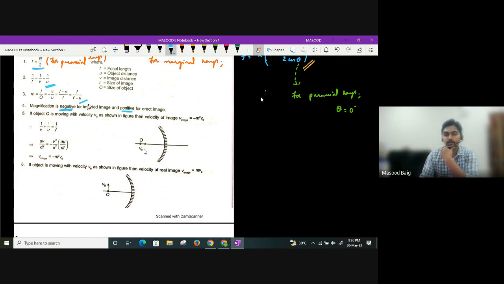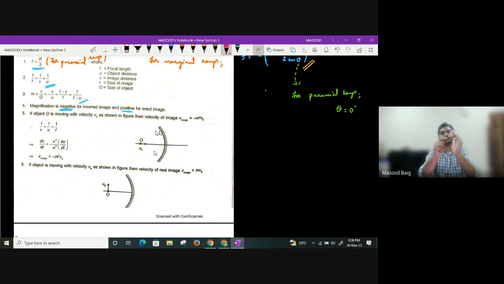And very important thing, this is very, very important. These 2 points are very, very important, guys. If you take an object and you are considering a spherical mirror, whether it may be a concave mirror or convex mirror. See, plane mirror, concave mirror, convex mirror, they are all part of certain sphere, guys. Plane mirror will be a very small part of a large sphere. In the same manner, concave mirror or convex mirror, they are both parts of sphere only.